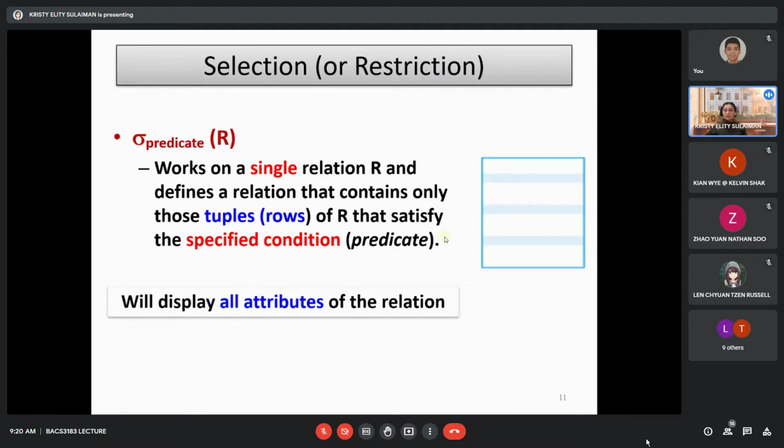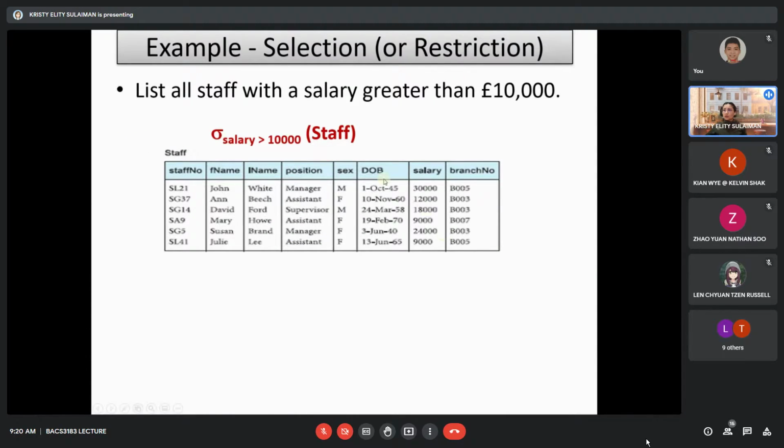Let's look at an example. Here we want to list all staff with a salary greater than 10,000 pounds. So the table is staff, so R is staff, and the condition or predicate in this operation is that you want to get staff that have a salary more than 10,000.